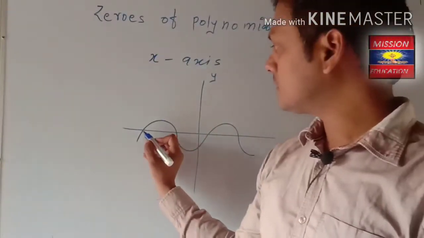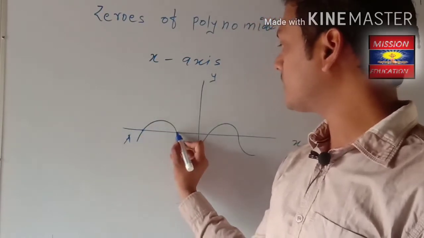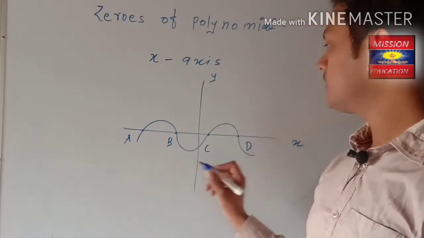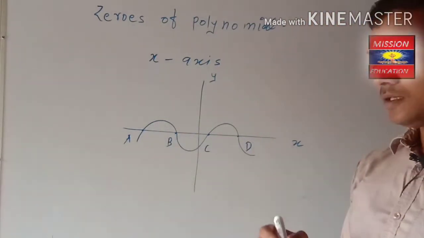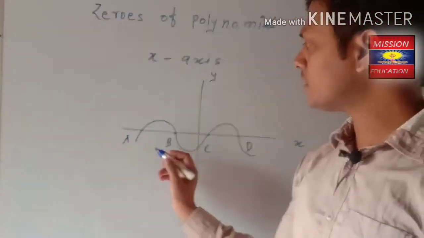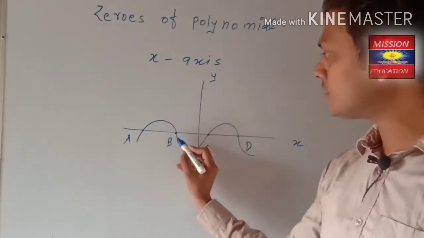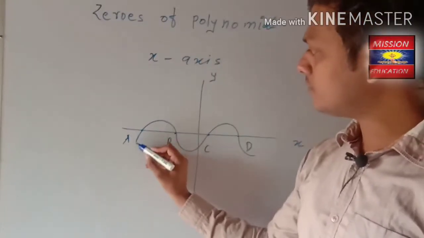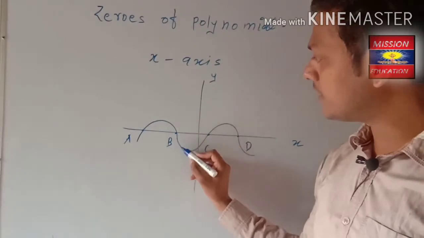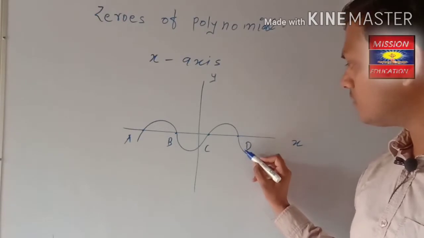We can clearly see here first point, second point, third point and fourth point. A, B, C and D are the zeros of the given polynomial. Why? Because at points A, B, C and D, the direction will start to change: at A from negative to positive direction, at B from positive to negative direction, at C from negative to positive direction, at D from positive to negative direction.